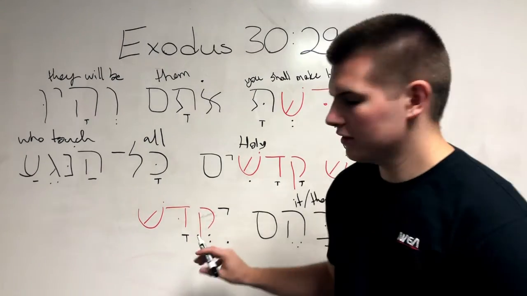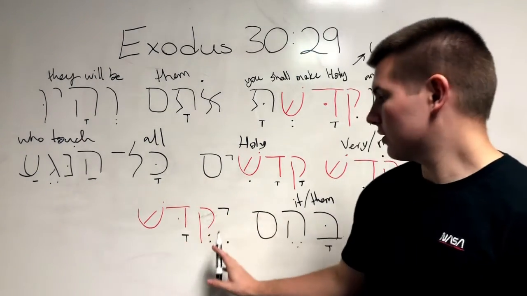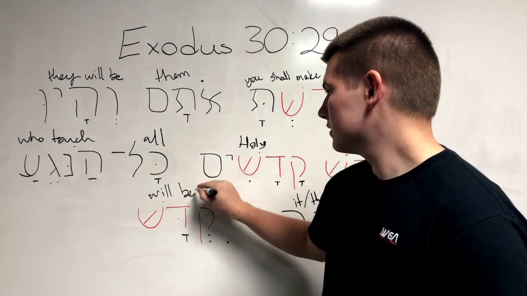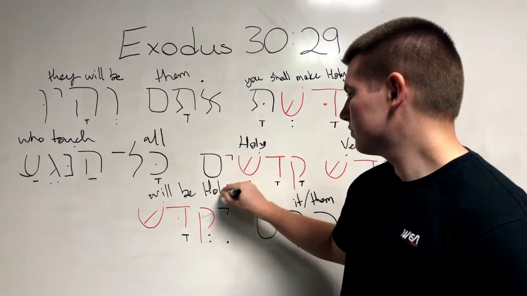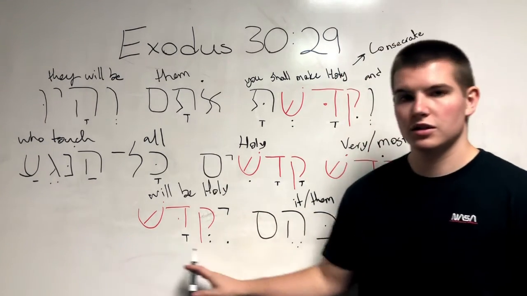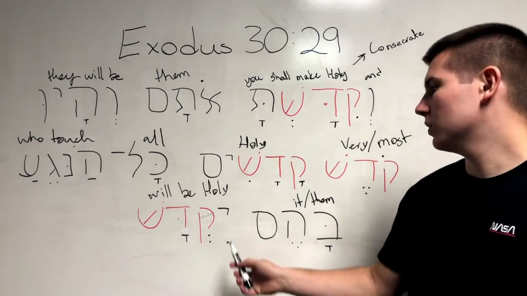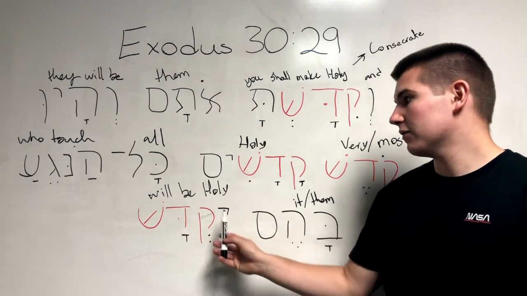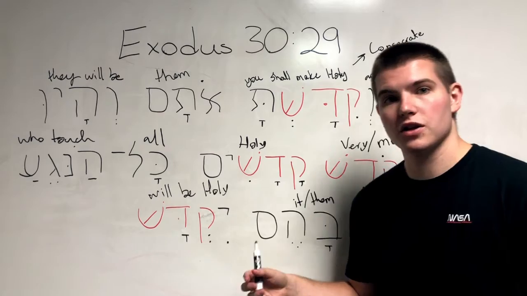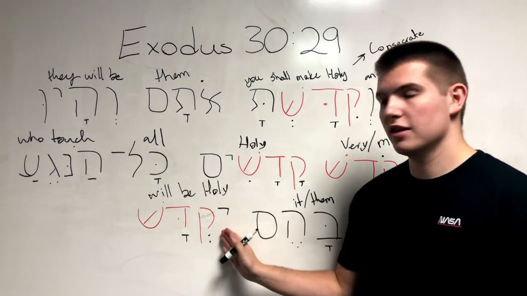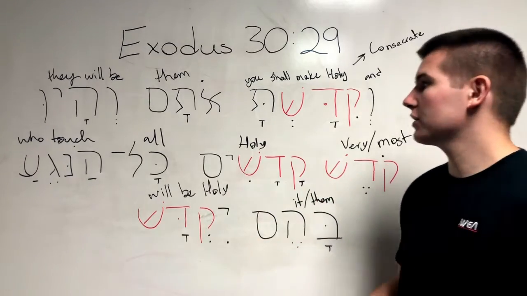And now we have holy again. There's our word, kodesh, will be holy. Yikdash. So there's another way to spell holy. This is a verb that is in a form that means it's in the future. So if someone touches the holy tools, they will also be holy. That's what it's trying to say.